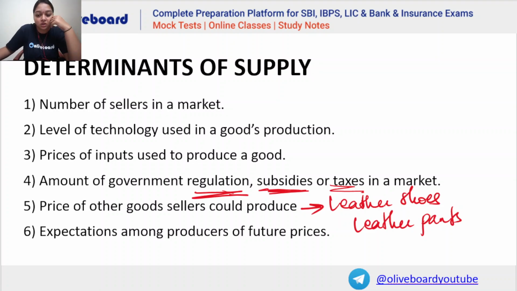So the input is the same, the input is leather. Only the production process will vary. So immediately when he knows that pants are more expensive, he will shift from shoes to pants.